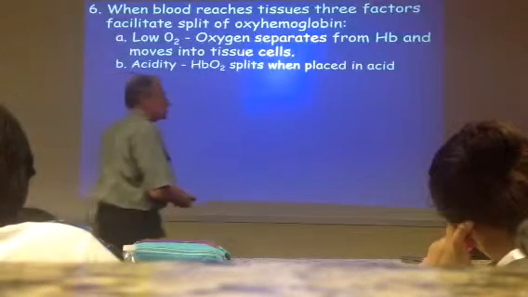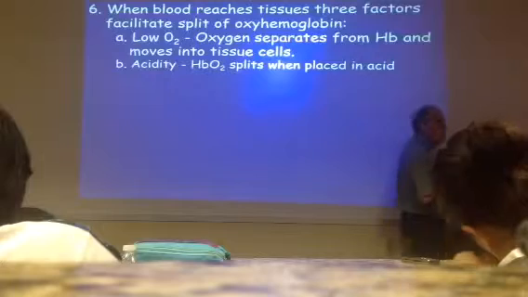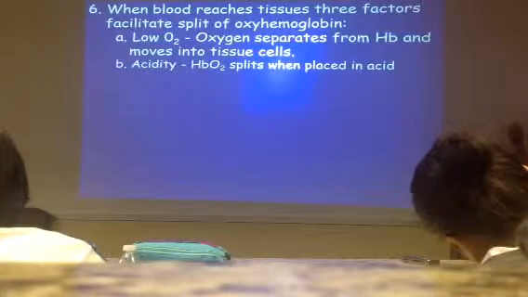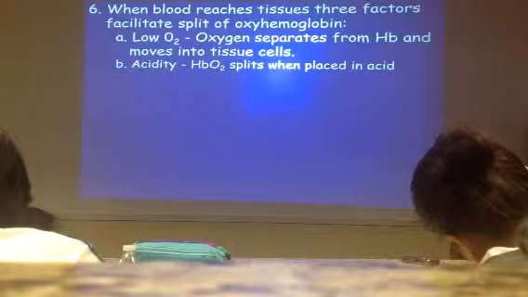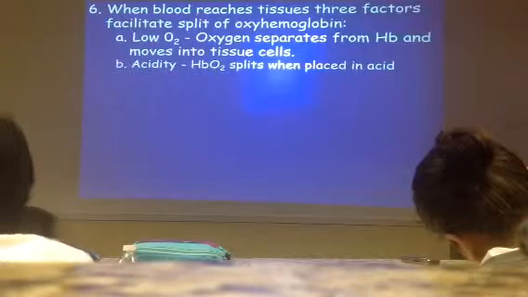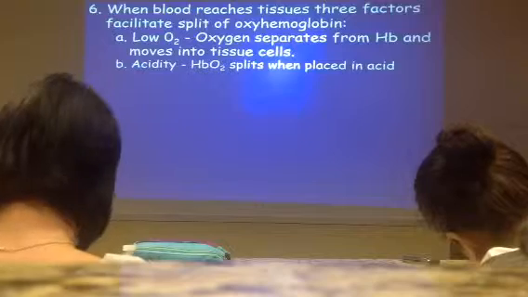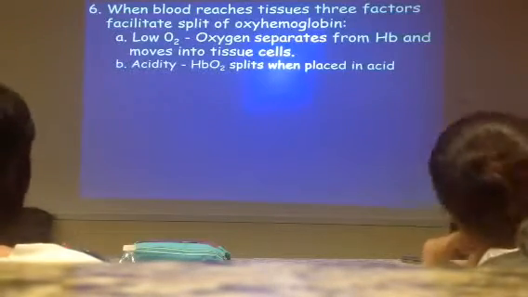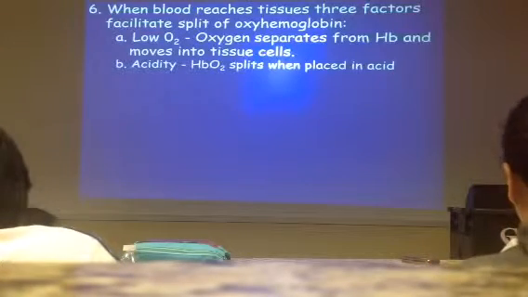HbO2, and I'll explain this to y'all. We have CO2 plus H2O yields H2CO3, and inside the red blood cell, it splits into H+ plus HCO3-.